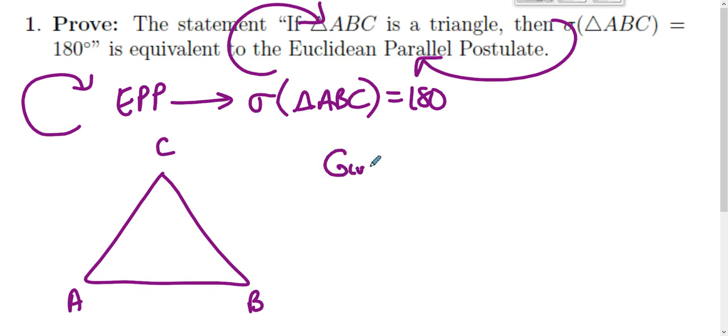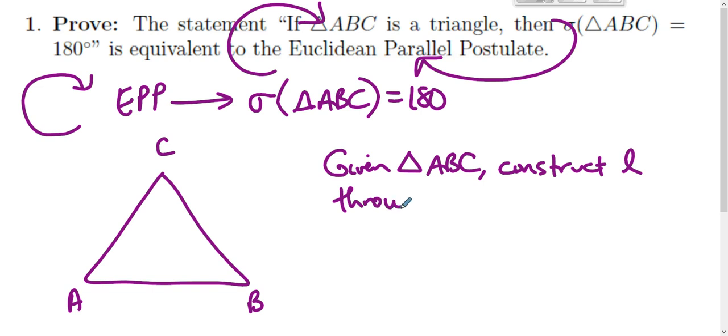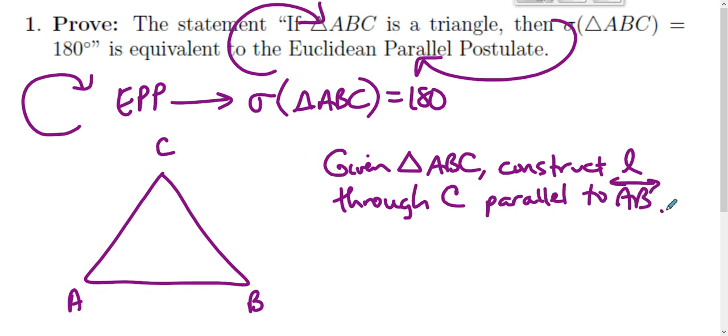Given triangle ABC, construct L through C parallel to AB. We know that there's only one such line by the Euclidean parallel postulate.